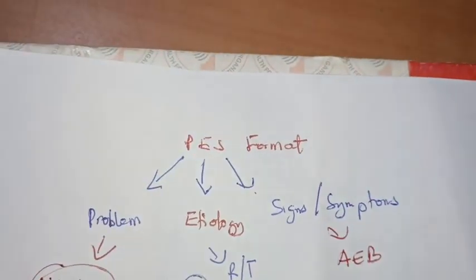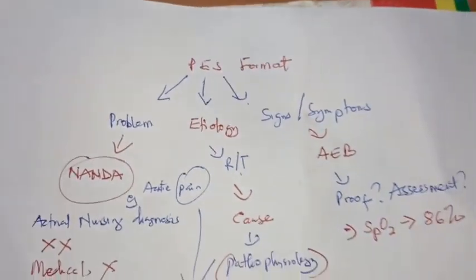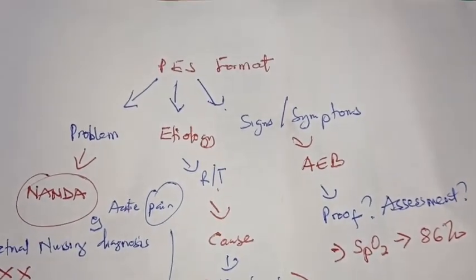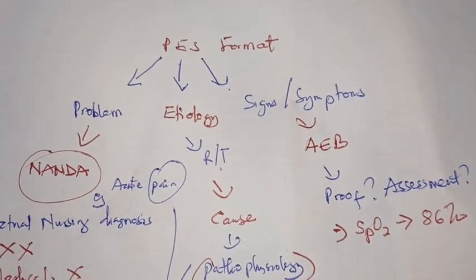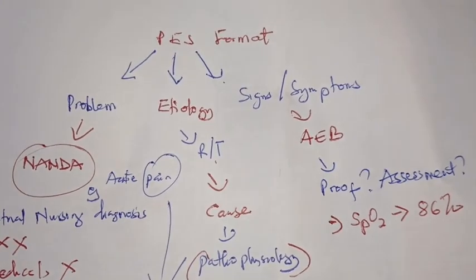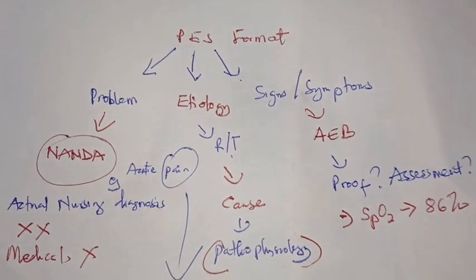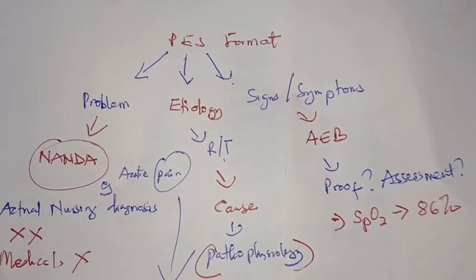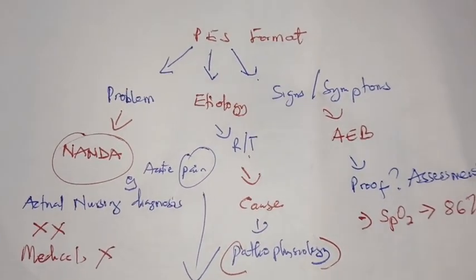To recap everything, as a nurse, in writing your nursing diagnosis, you need to know the problem, and the problem is always in the NANDA. If you have a NANDA PDF, you can just go through. For every system of the body, there are NANDA lists or diagnoses.